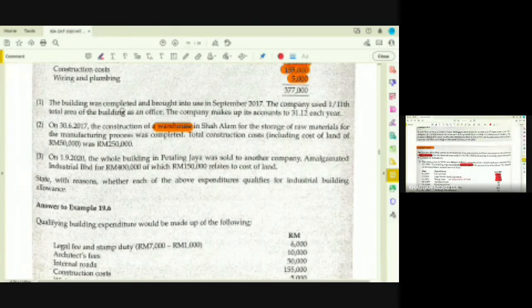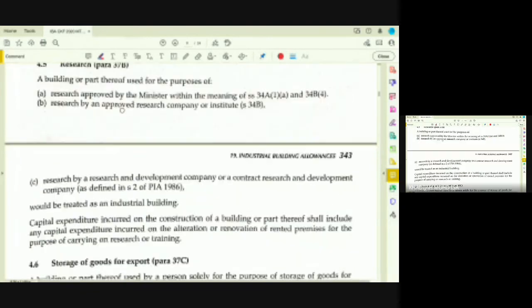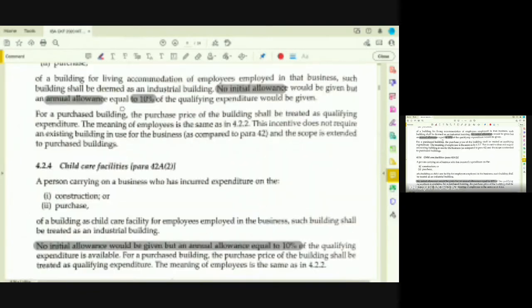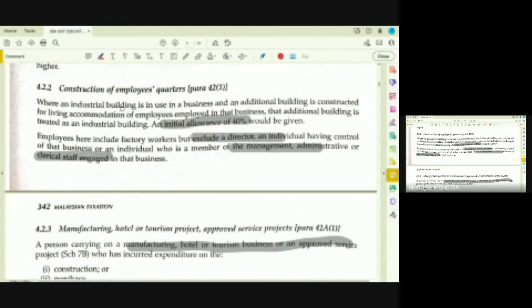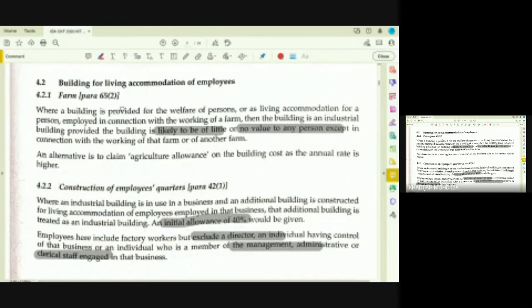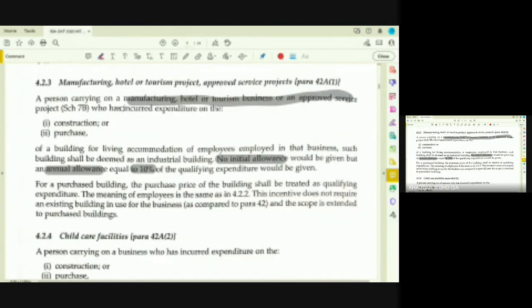If you look at industrial building, construction of employees' quarters: if you construct, then you have the initial allowance of 40% and annual allowance of 3%. But in this case, you did not construct the building. You purchased the building. So when you purchase the building, it falls under construction or purchase.